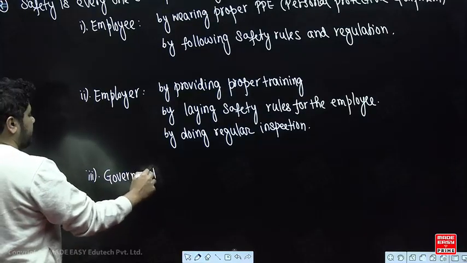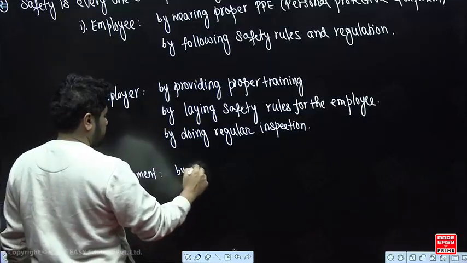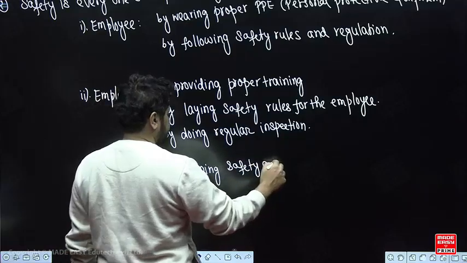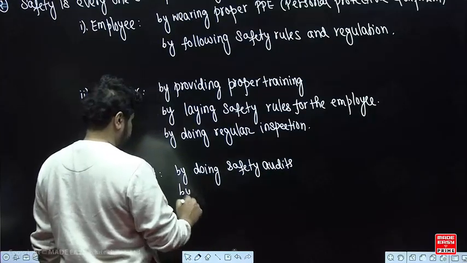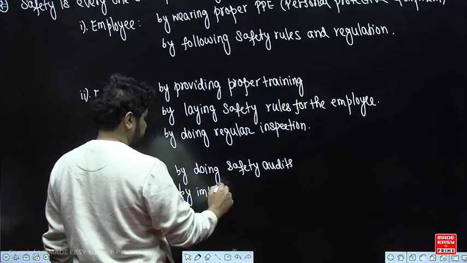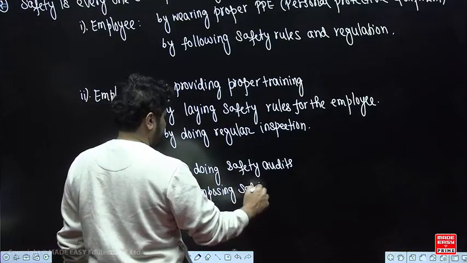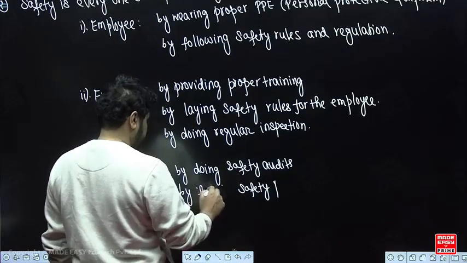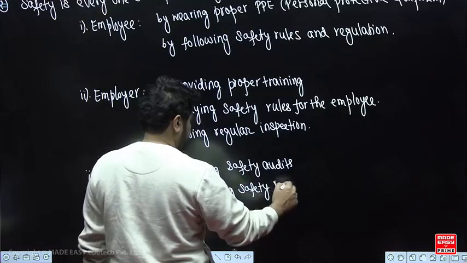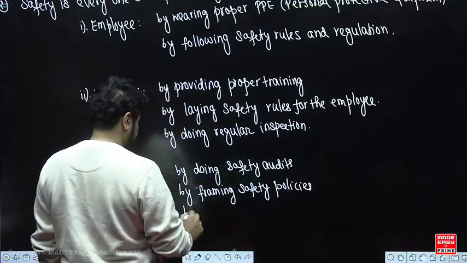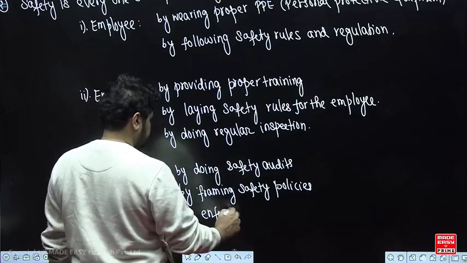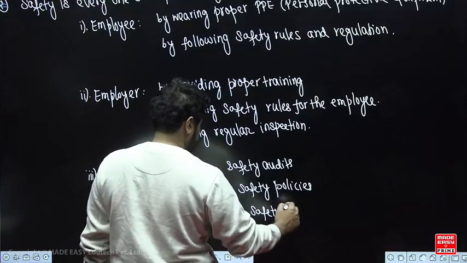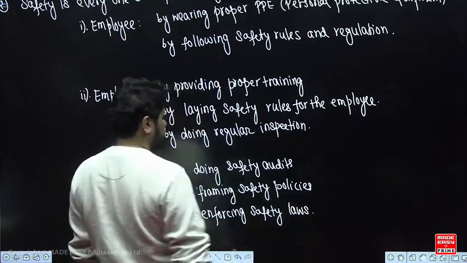How will the government ensure safety? By doing safety audits, by imposing safety policies, by framing safety policies, by enforcing safety rules, safety laws to the masses, right.